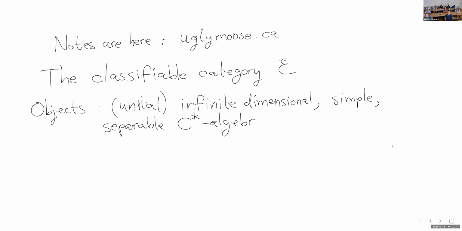So the first one is, well, okay, let me say the first one is the universal coefficient theorem, the UCT, and finite nuclear dimension.